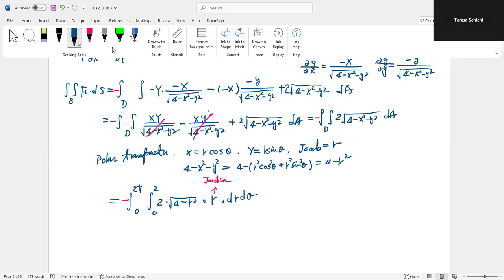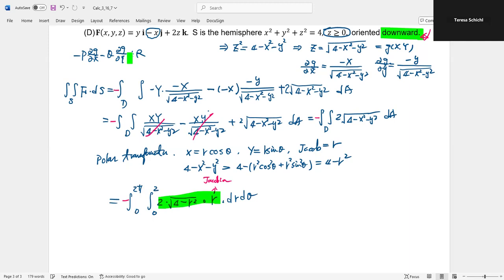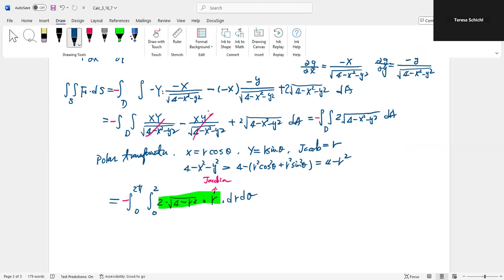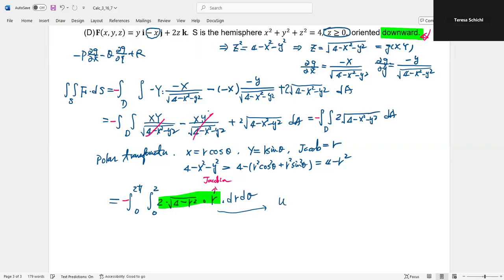Okay, so now this is going to be a pretty straightforward integration, right? For these, maybe you can use u-substitution, right? So u is equal to 4 minus r squared, then du equals negative 2r dr here. So it matches perfectly.